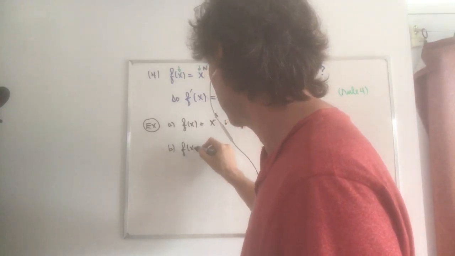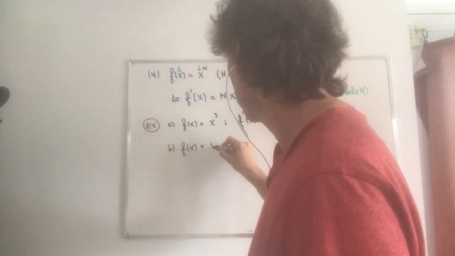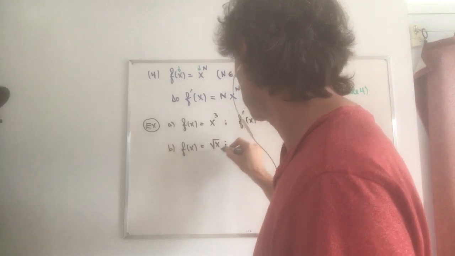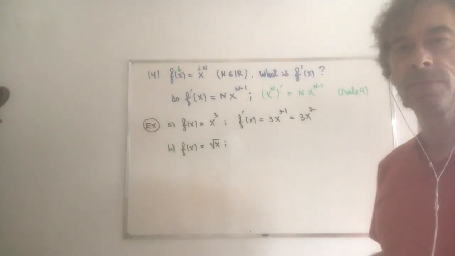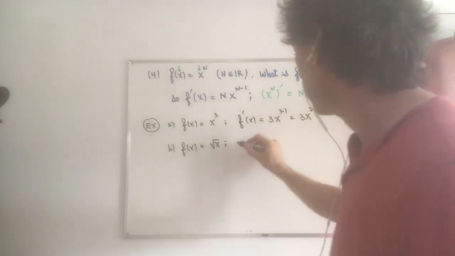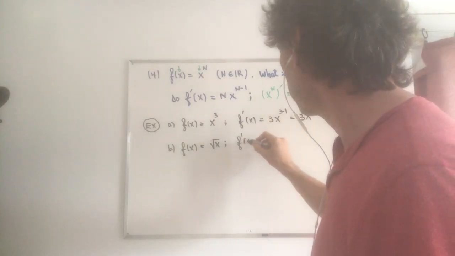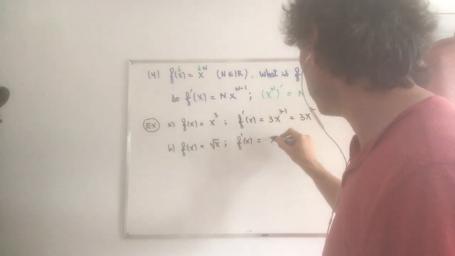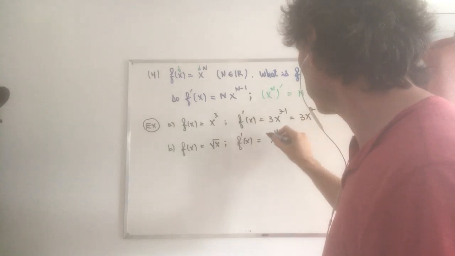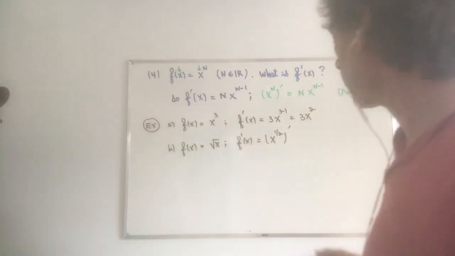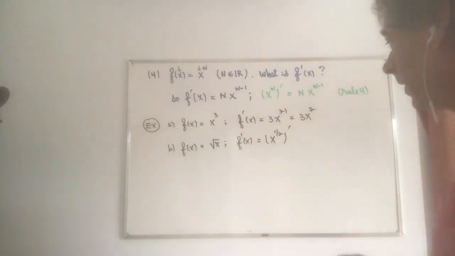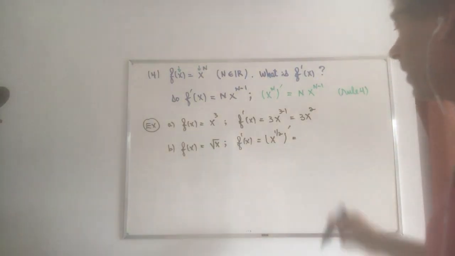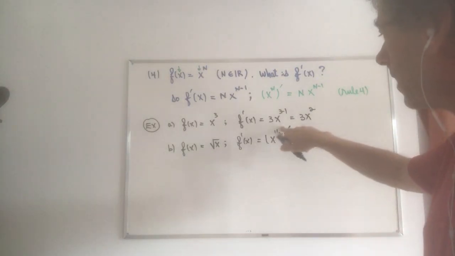Okay, what about f of x is equal to root x? What is the derivative of that? Well, f prime would be the derivative of root x, which is x to the 1/2. We know that, right? Again, it's an x to the n.